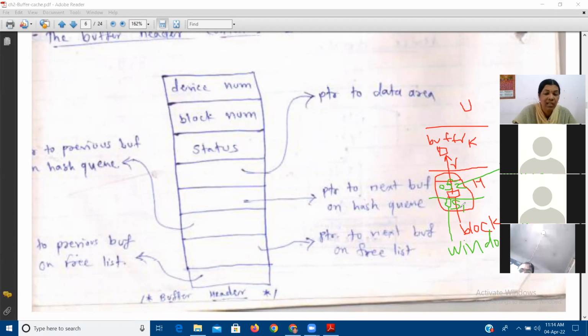So that is called a logical file system number, and that logical file system number is also called a device number. For example, say Windows is having the number 1 and Linux is having the number 2, right?